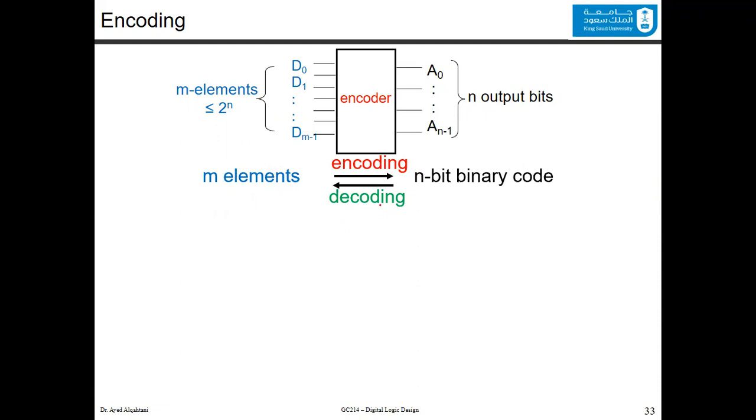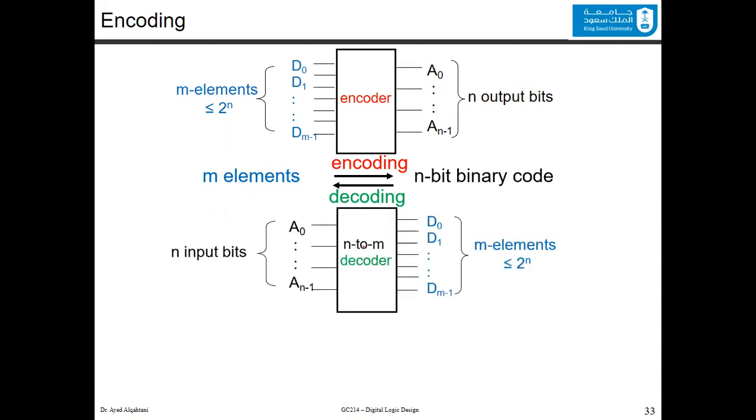And we mentioned this before, that an N to M decoder has N input or address lines and M output or data lines. Now you see the relation between the encoding and decoding is actually the opposite. The encoder performs the opposite operation of the decoder.